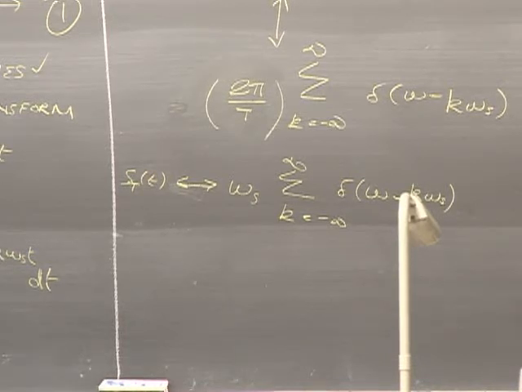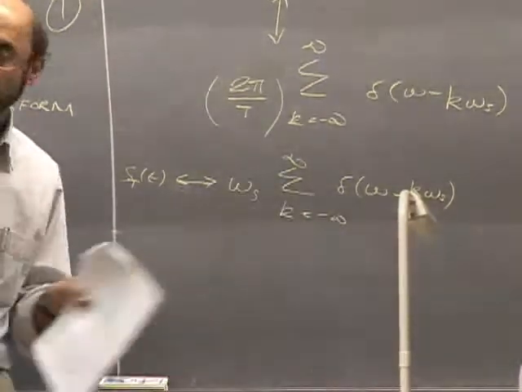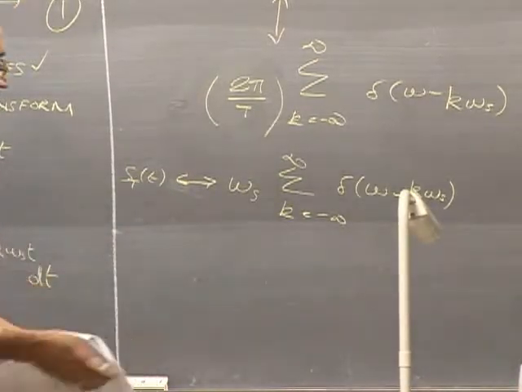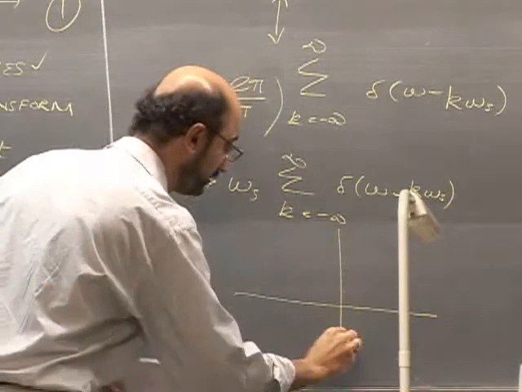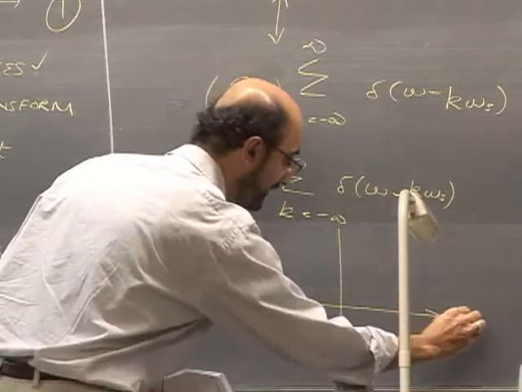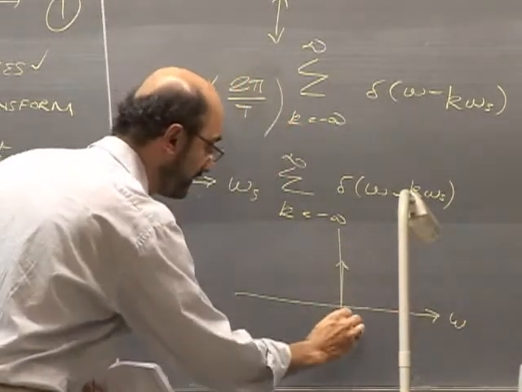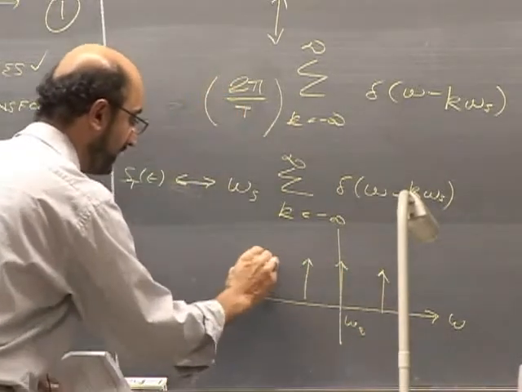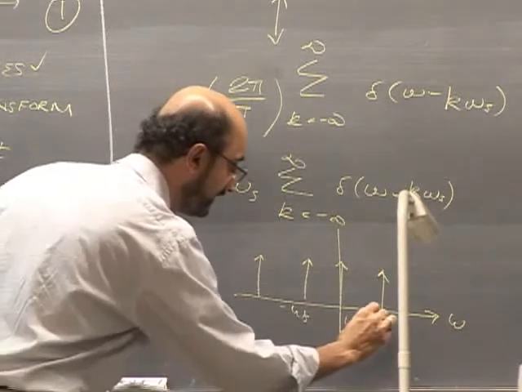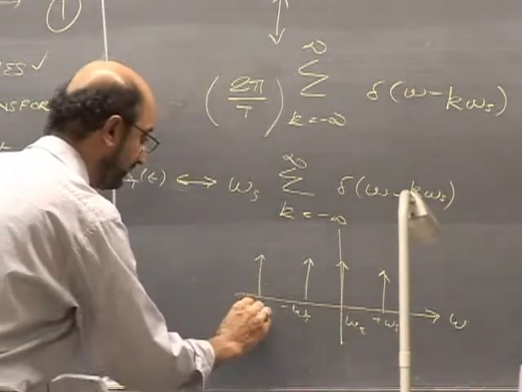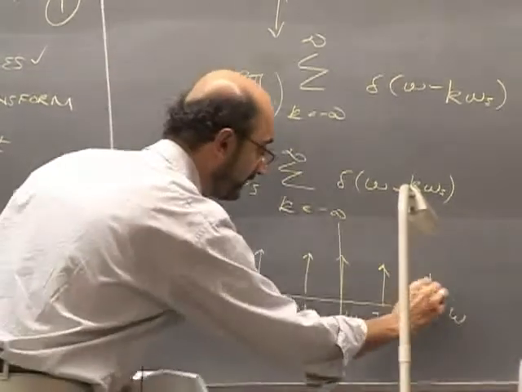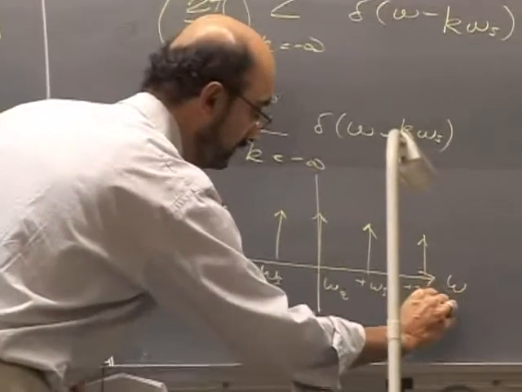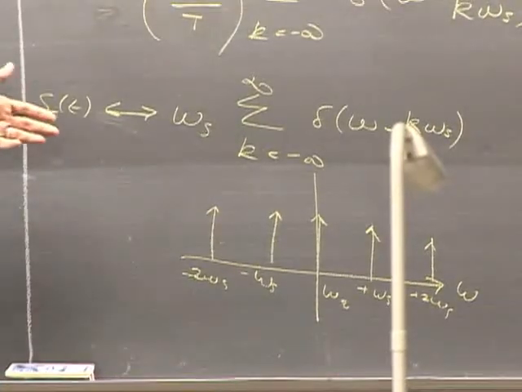So delta of omega is going to have a value at 0. So this one is going to look like this. We have on the omega axis a delta at omega equals 0. And then we have the spikes at omega s, minus omega s, plus 2 omega s, minus 2 omega s, etc. Because it's a bunch of deltas.